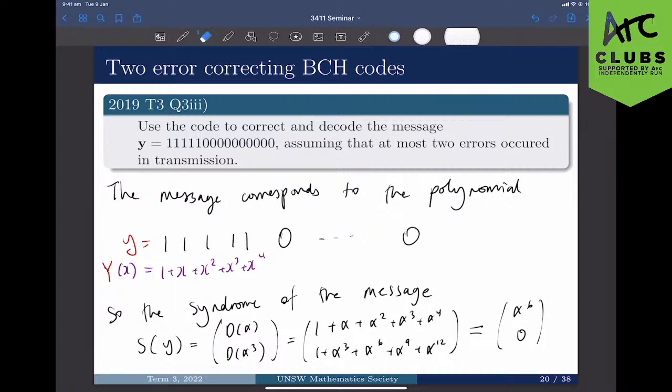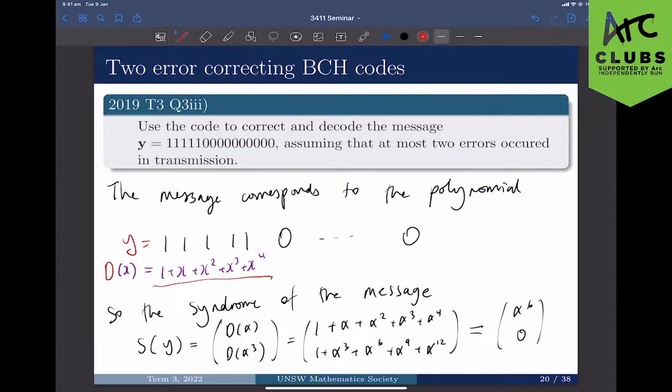But just for the notation we're used to, I'll call it d(x). For d(x), we have just 1 to x to the power 4, since the rest of the code is 0. So the coefficients for the rest of the powers from x to the power 5 and so on are all 0. This is the code word polynomial that we get from our message.